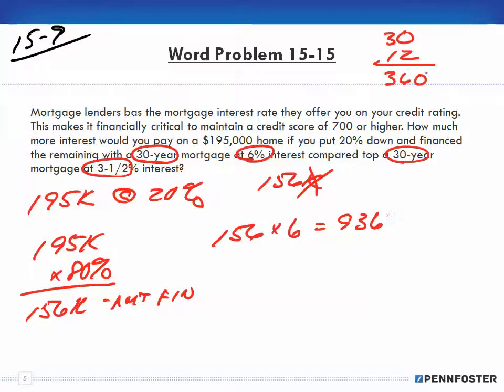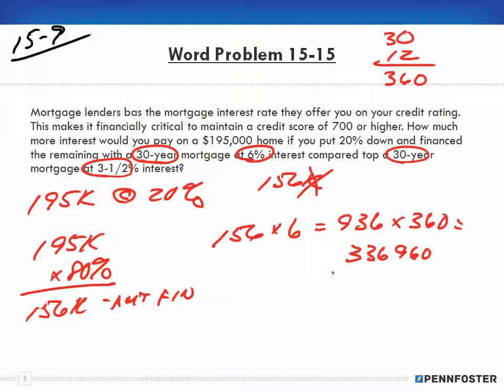And since that's per month, over 30 years I'm going to multiply by 360 payments, and that's going to equal 336,960, which is the total amount that I'm going to pay.